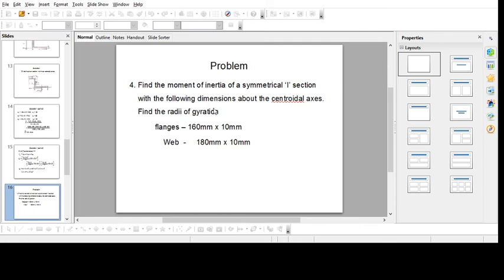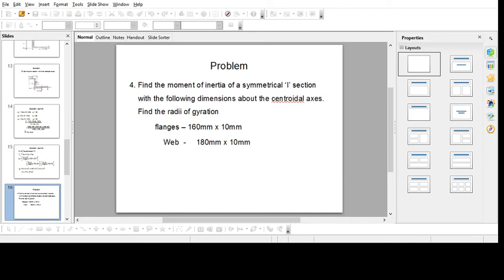Okay, so Ixx is equal to 160 into 200 cube by 12 minus 2 into 75 into 180 cube by 12. Okay, so this one you'll get a value of 3376 into 10 to the power of 4 mm to the power 4.